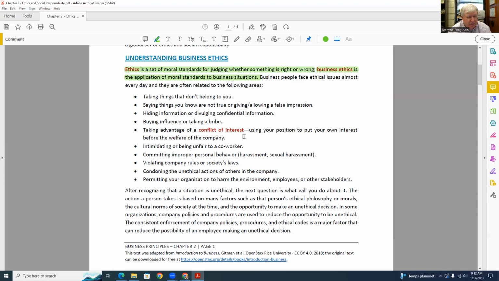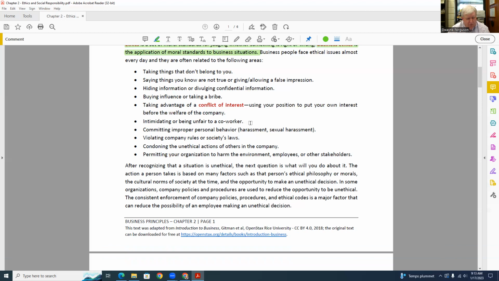There are a lot of conflicts of interest that could occur. One I use in business law a lot is if you're sitting on the board of directors and you have to hand out contracts, and you hand out a contract to your brother-in-law, you have a conflict of interest there.